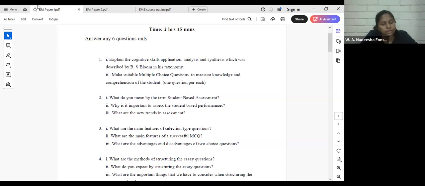We don't want to measure their cognitive skills here, because always we use cognitive. We measure their cognitive skills, but rarely we have to use student-based assessment. Why? We can't use SBAs or PBAs frequently.